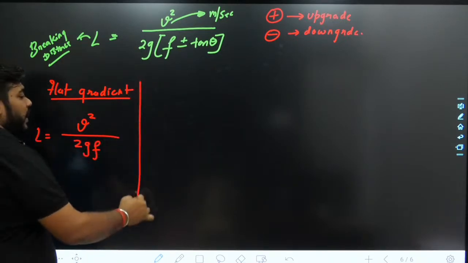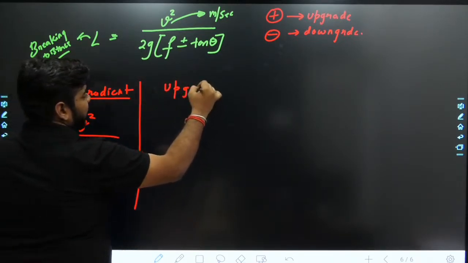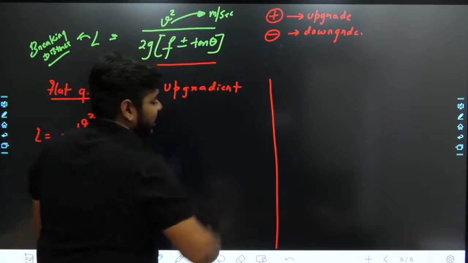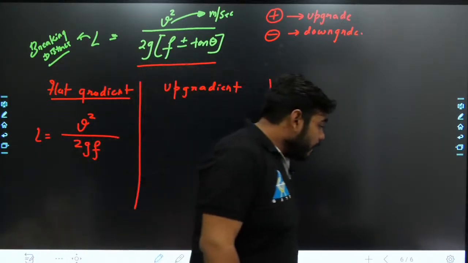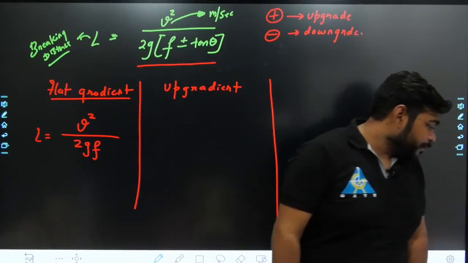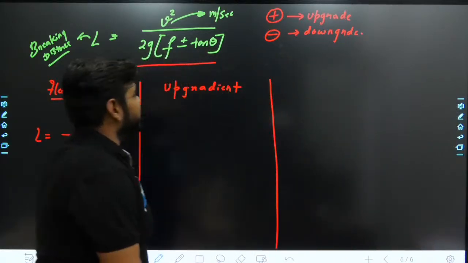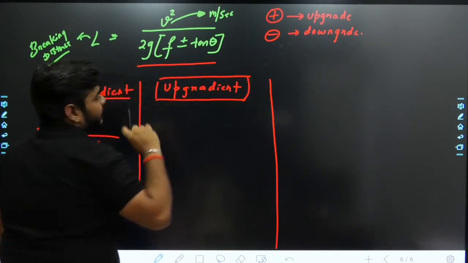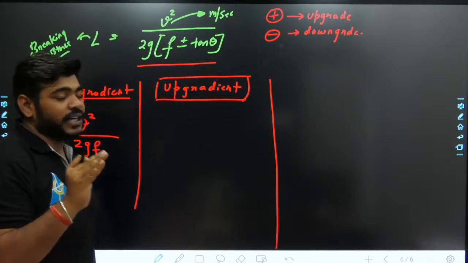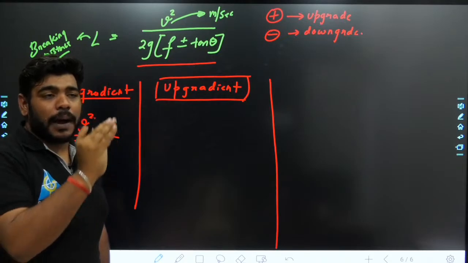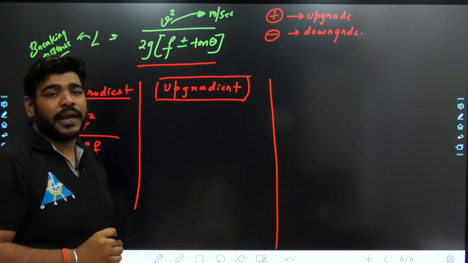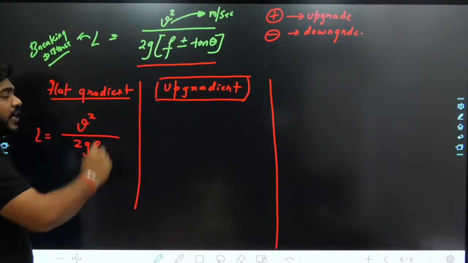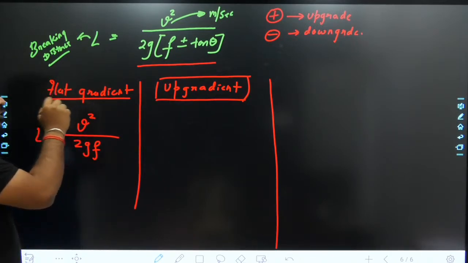Now if we talk about up gradient, you know from common sense, because you learned this expression only today, what we have observed till now: if you are moving on an up gradient and you apply the brake, you stop earlier compared to moving on a flat gradient.